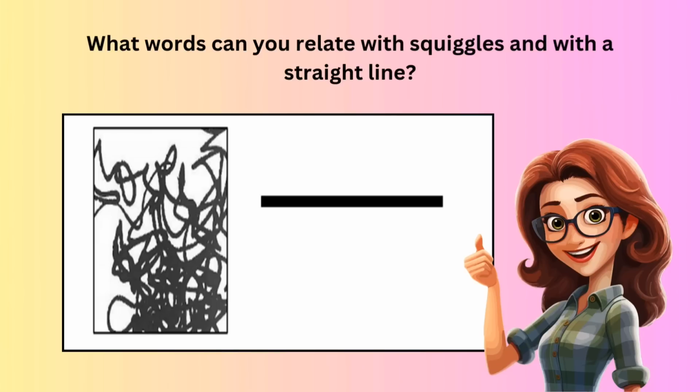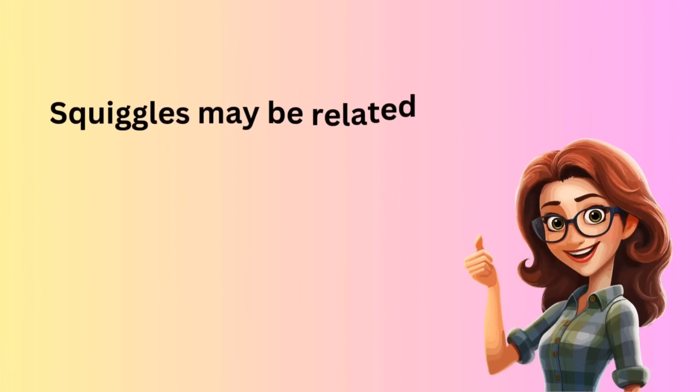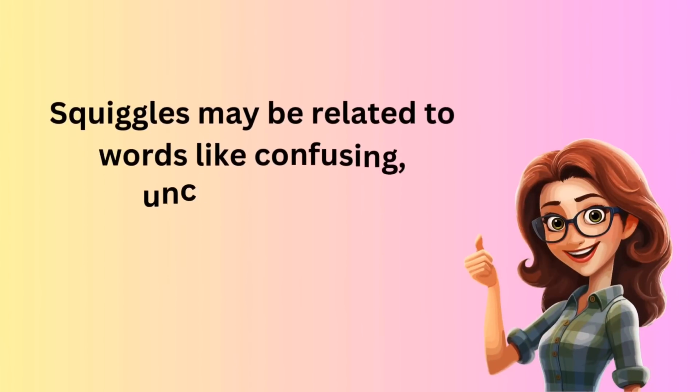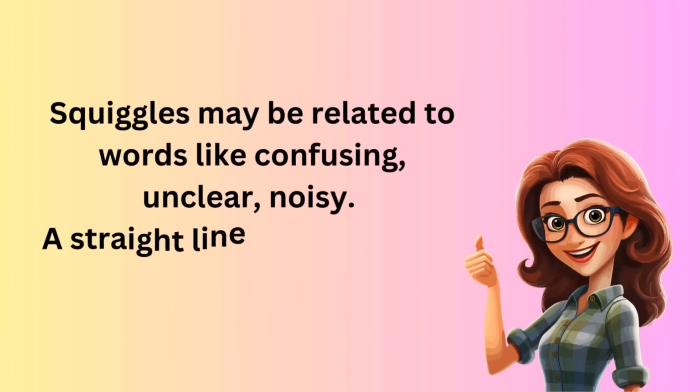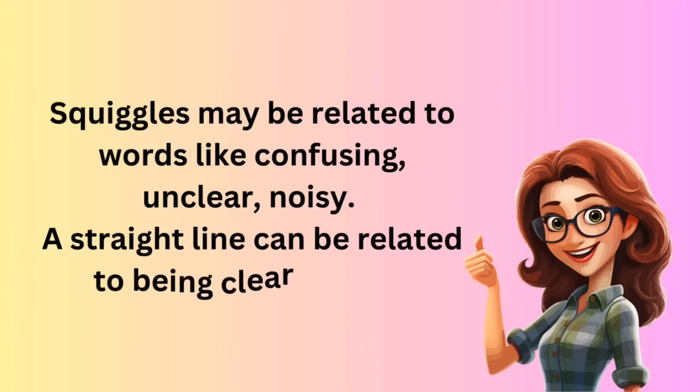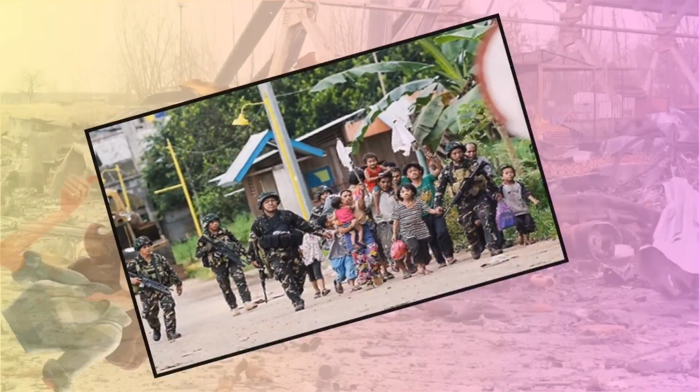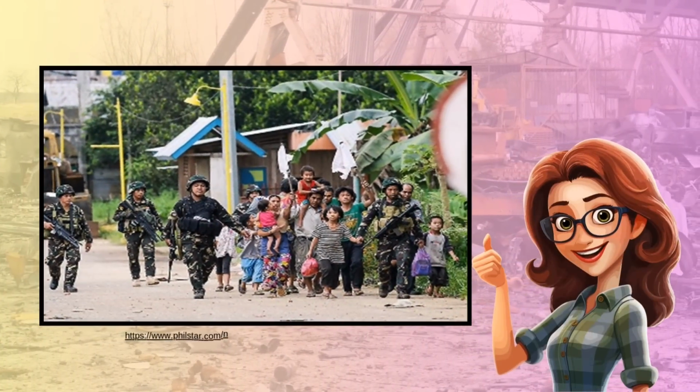So the first one, we have the squiggles, and the second one, we have a straight lines. So squiggles may be related to words like confusing, unclear, noisy, and a straight line can be related to being clear or sure.